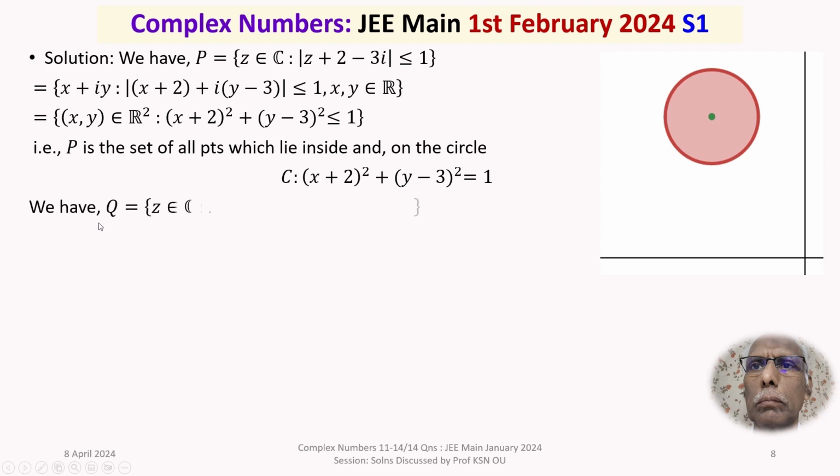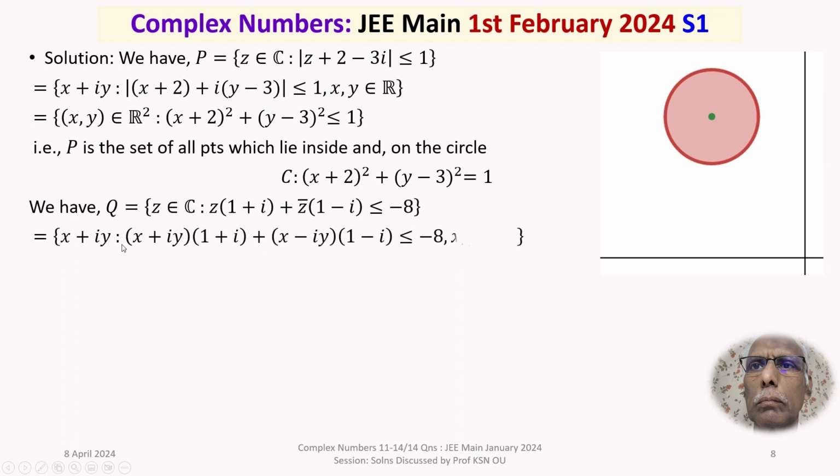Agreed. We have Q given to be z belonging to C, such that z times (1 plus i) plus z bar times (1 minus i) is less than or equal to minus 8. It may be observed that this must be a straight line if it is equal. So write z equal to x plus iy, where x, y belong to real numbers.